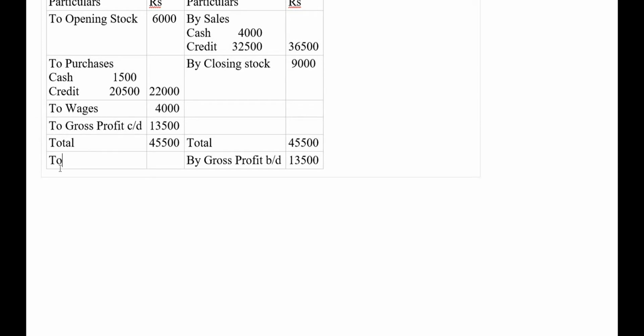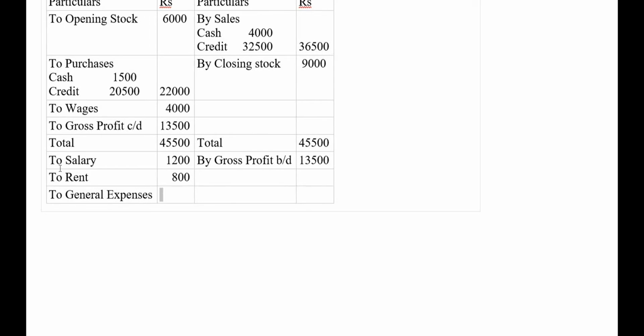Then the administrative expenses. So to salary 1,200. Then to rent, which is given as rupees 800 here. So 800. Then next one, to general expenses, rupees 2,000.